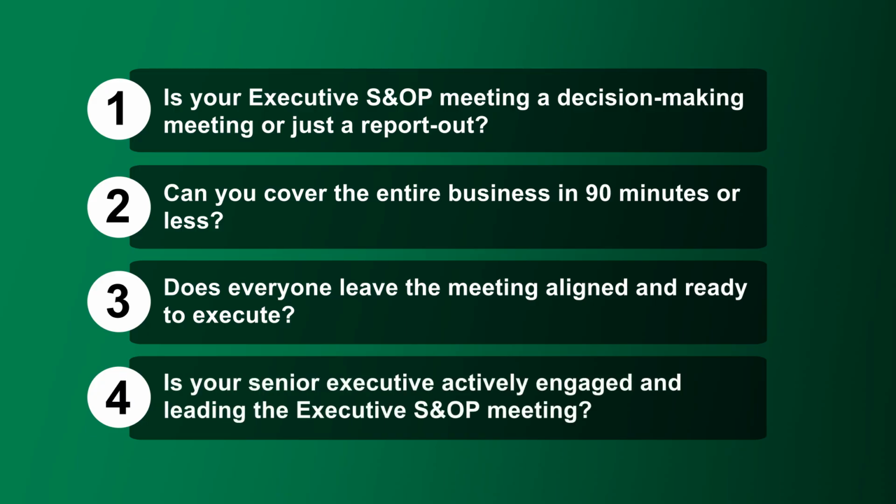And number four, is your senior executive actively engaged and leading the executive S&OP meeting? If you can answer yes to these questions, you're on the right track. If not, stay tuned and learn how a well-structured monthly process can result in effective and focused executive meetings that will support decision-making and deliver results.